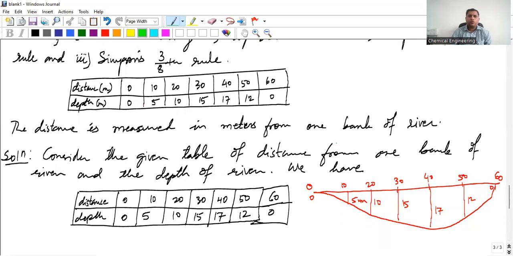So we have to find this area of cross section. Actually this is an inverted system.